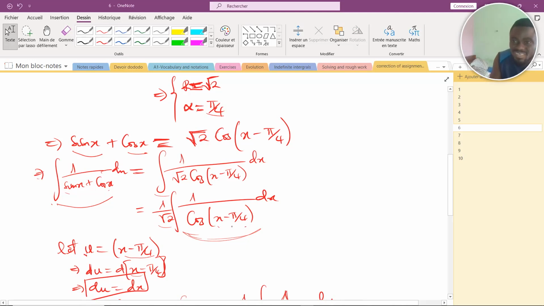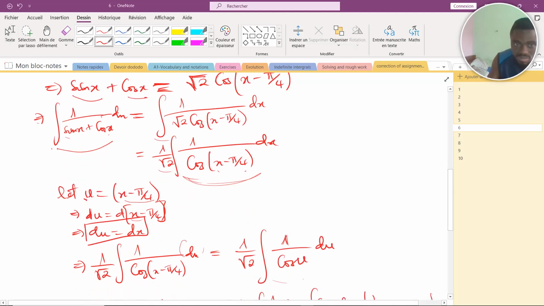The first thing you have to do is let u be equal to what is inside here. I let my u be this. This implies du will be the derivative of this. When you differentiate this implicitly, you have 1 times dx, and when you differentiate pi on 4, you have 0 times dx. So we have du equals dx.